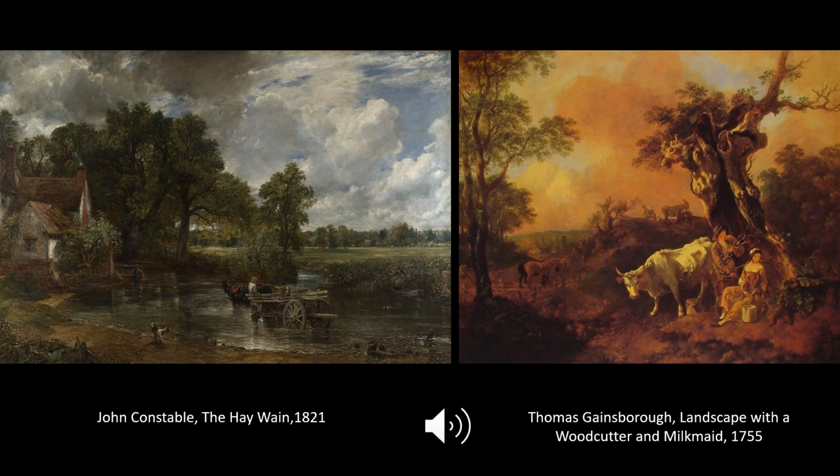In Gainsborough's work, he represents rural laborers in an idyllic fashion, right? This is not meant to capture a reality that Gainsborough witnessed, but a kind of ideal with ideal types. So in the middle ground, we have a plowman.